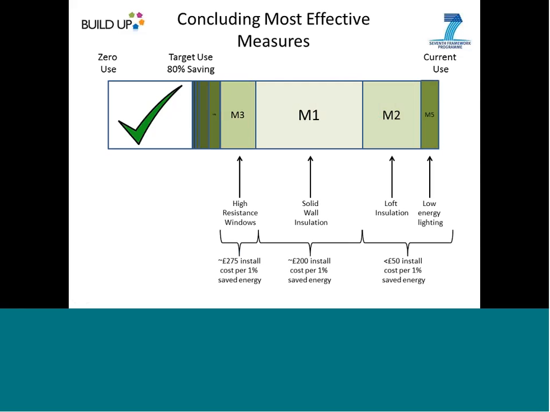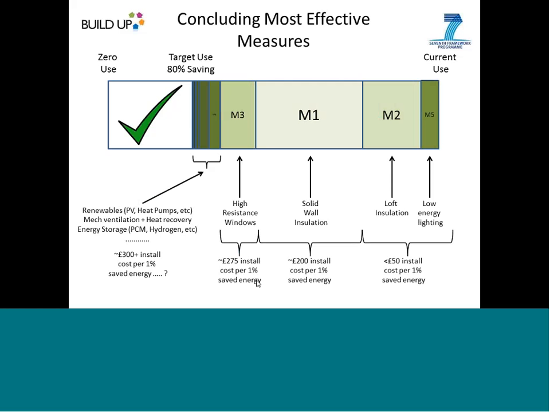Now, in relation to solid wall insulation, you're looking at a little bit more of a saving, around £200 per 1% energy saved, whereas high resistance windows actually cost more. Now, in relation to the other points you will need to apply in order to make the additional savings required, who knows how much that's going to cost.